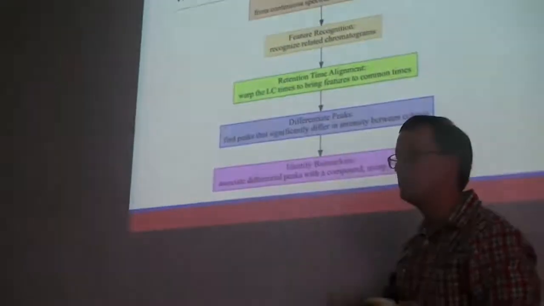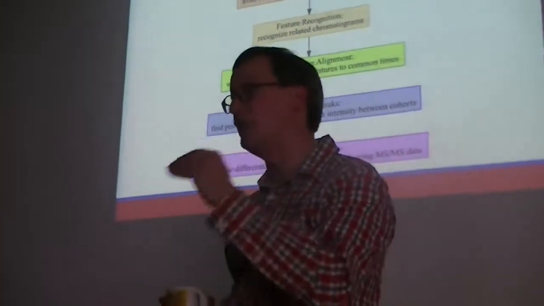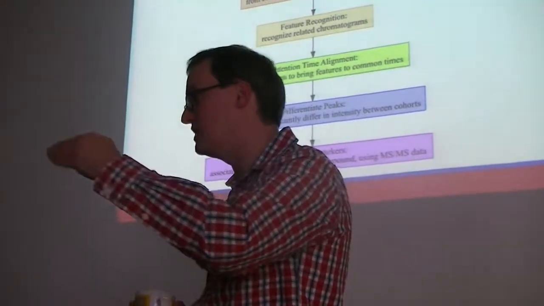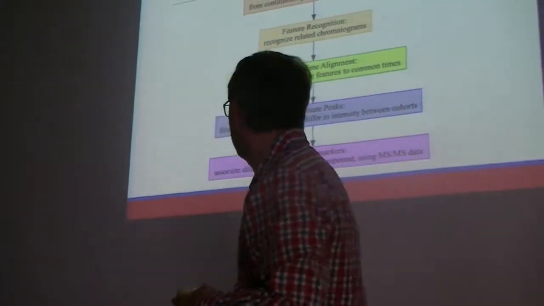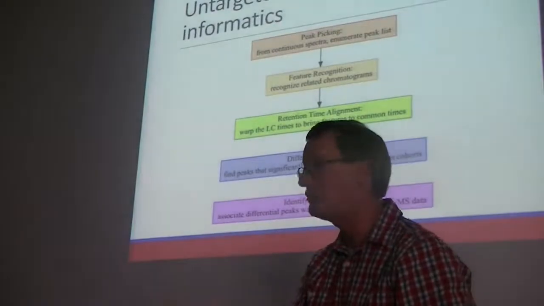We have some amount of time that separates the time slices at which we measure them. If that time slice is 10 seconds rather than 5 seconds, our ability to get accurate peak shapes is going to be curtailed. So, retention time alignment, being able to recognize and account for these variations in retention time across different chromatographic columns, or different uses of the same chromatographic column.